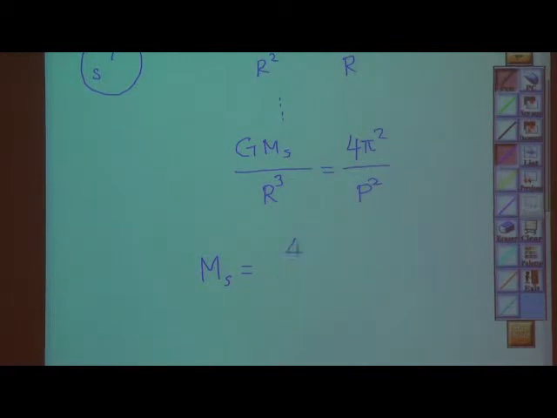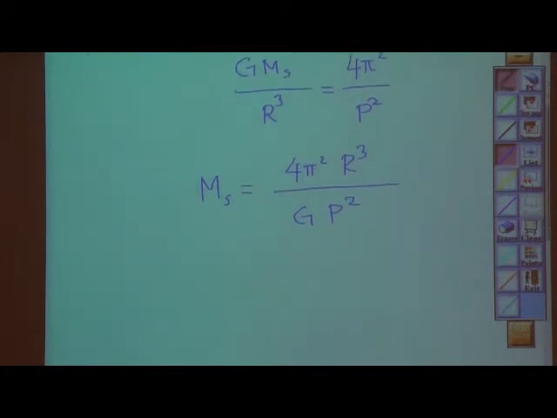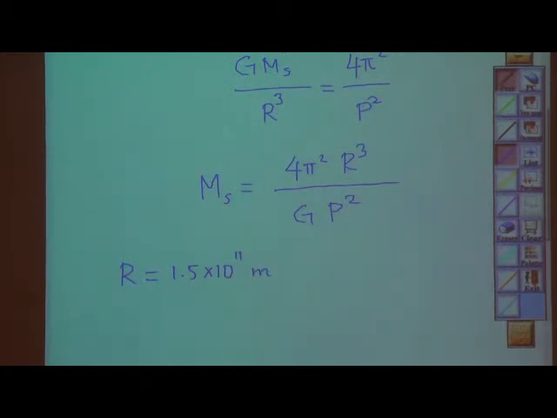That is 4 pi squared r cubed divided by G times P squared. And this is a hard-looking number, but it's easy to compute. R is the distance between the Earth and the Sun, which is 1.5 times 10 to the 8 kilometers. That makes 10 to the 11 meters. Remember, we use SI.